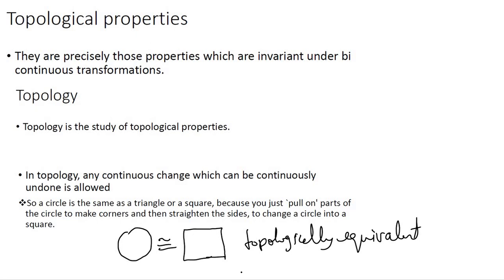In another way also we can define what topology is. Suppose I take a balloon and put a point on that balloon, and draw a circle around the point, such that the point lies inside the circle. Now blow the balloon. Even after blowing the balloon, the point lies inside the circle.